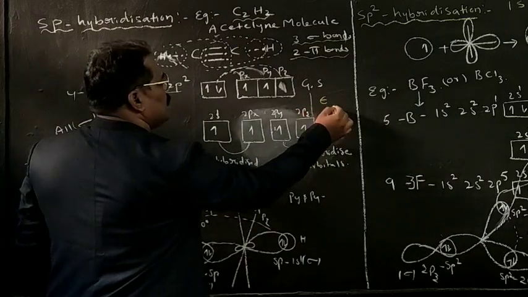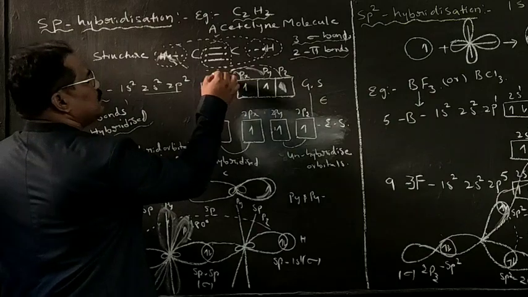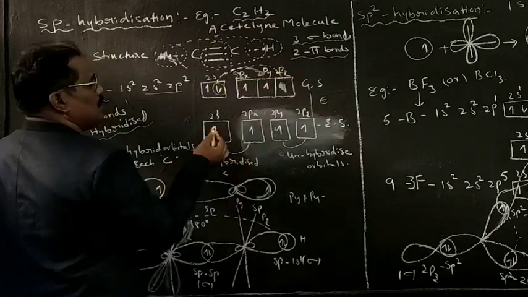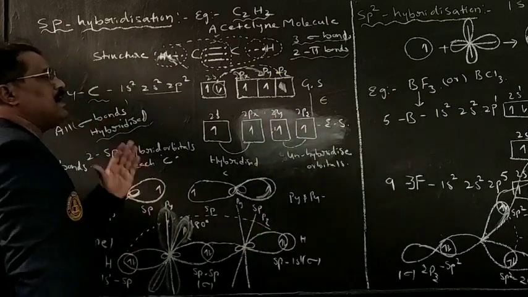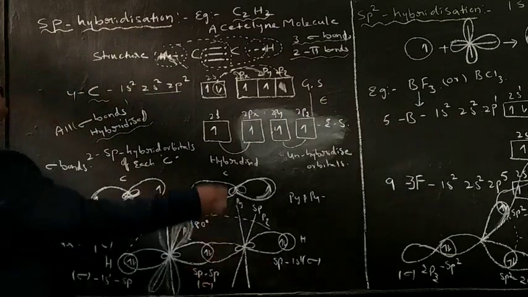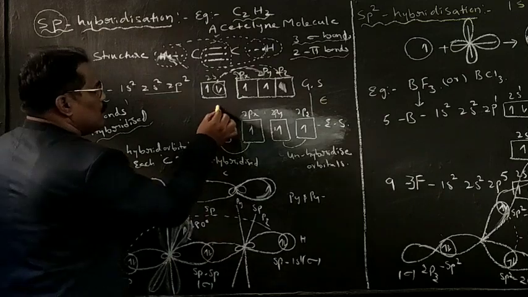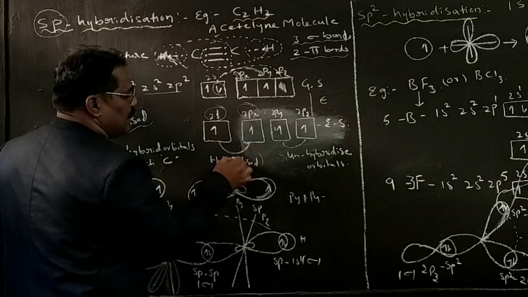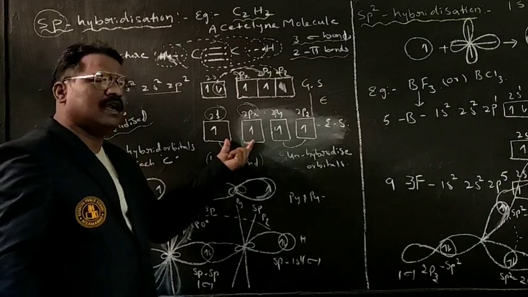Apply a certain quantity of energy to bring it to the excited state, so that 1 electron from 2s jumps to 2pz, and 2s1, 2px, 2py, 2pz unpaired electrons are obtained in the excited state. But here the hybridization is sp. Therefore the 2s orbital and the 2px orbital together will get hybridized, one s orbital and one p orbital.